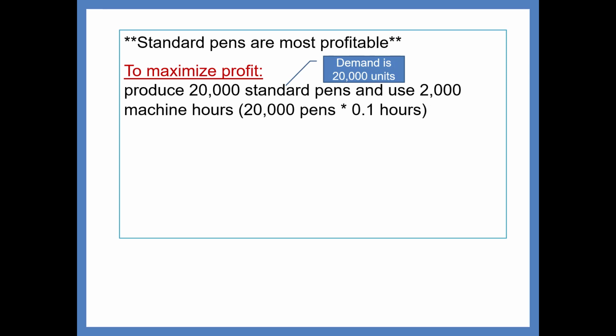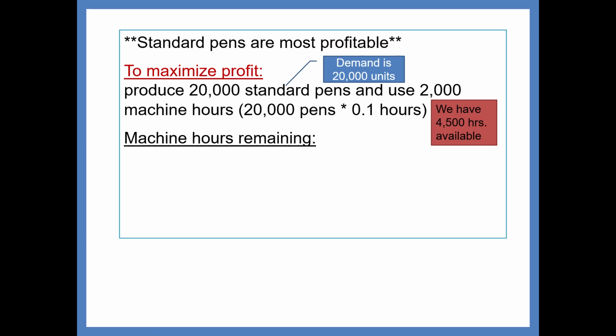If we make 20,000 standard pens, we will use 2,000 machine hours, since each one takes 0.1 hours. Since we have 4,500 hours available, we know we can produce all of those standards, and we need to see how many hours remain after we do that. 4,500 hours available minus 2,000 hours used to produce the standard pens leaves 2,500 hours to make deluxe pens.